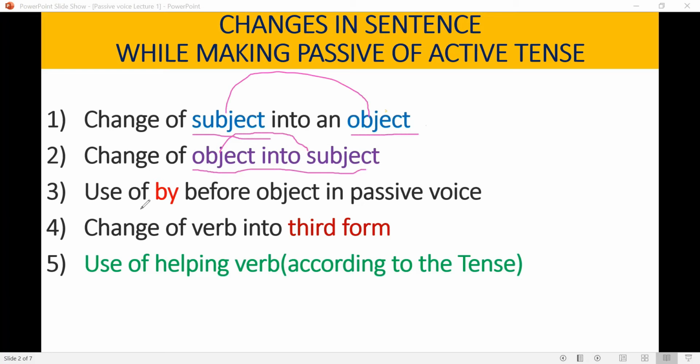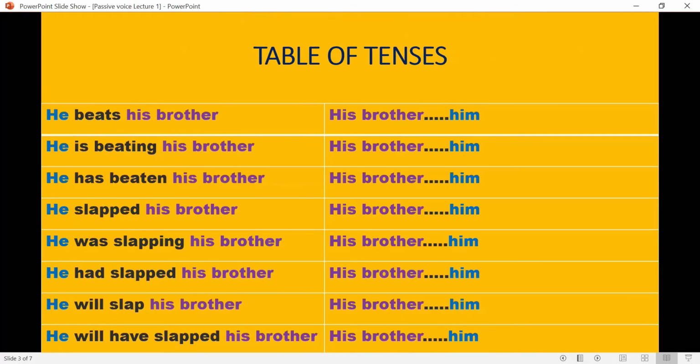We use by before an object in passive voice. The form of the verb is changed into third form. We use helping verb according to the tense. These are the 5 changes which we make to convert an active sentence into a passive one.